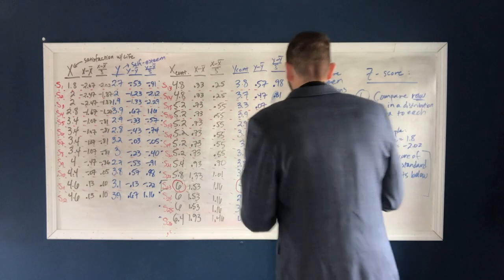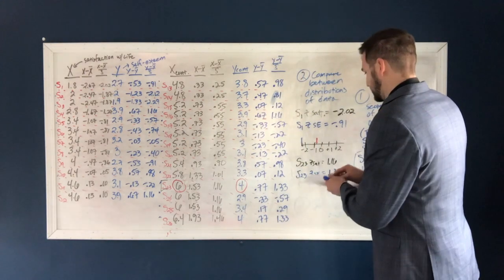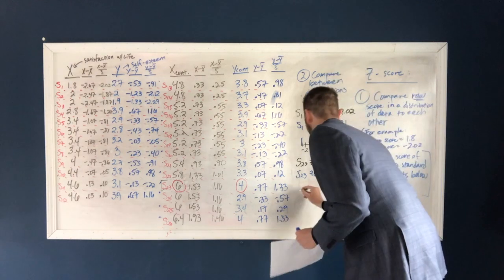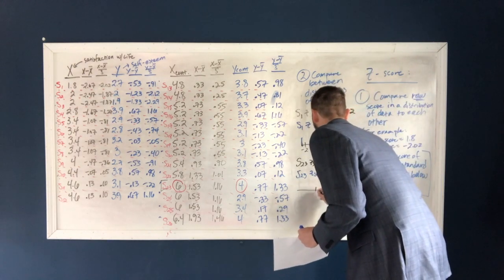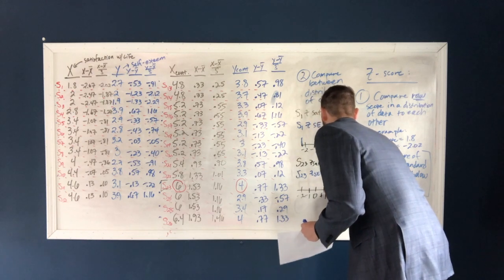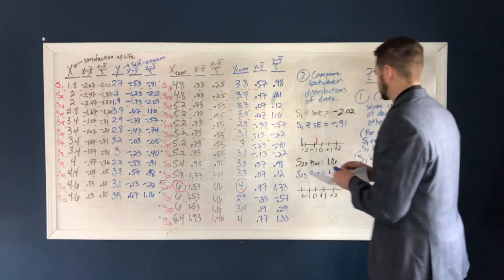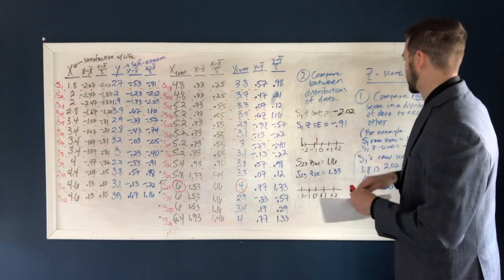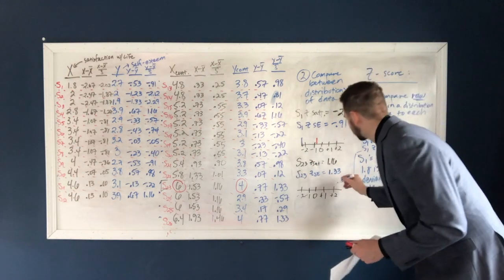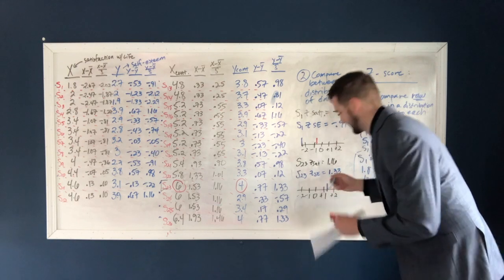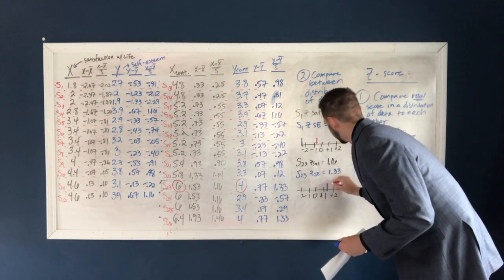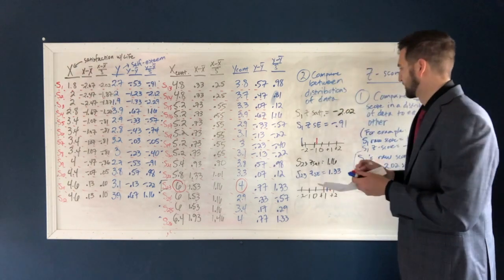Okay, so let's go ahead and draw out our number line. Okay, we have 0, negative 1, negative 2, plus 1, plus 2. Okay, so subject 23 has a satisfaction with life score of 1.16 and a self-esteem score of 1.33.